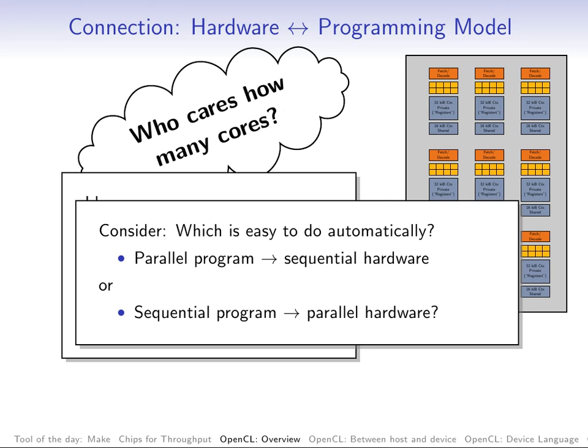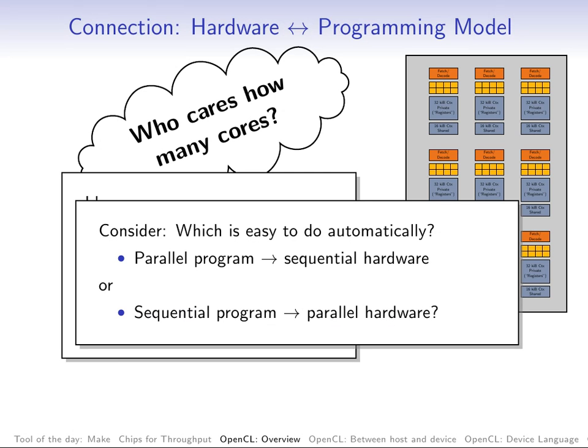That's based on this consideration: if you've got a sequential program, how easy is it to turn that into a parallel program? Well, you've suffered with OpenMP. It's not always that easy. But if you have a parallel program and want to turn that into a sequential program, is that difficult? Not really.